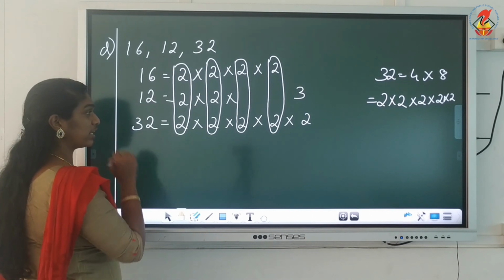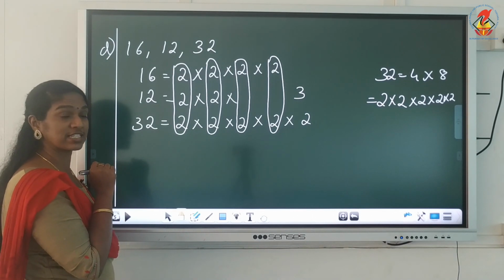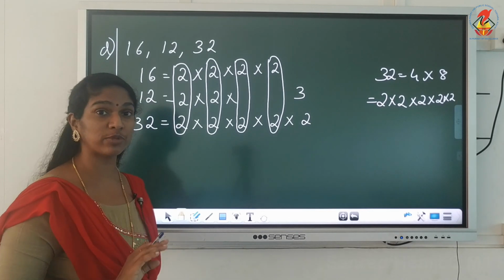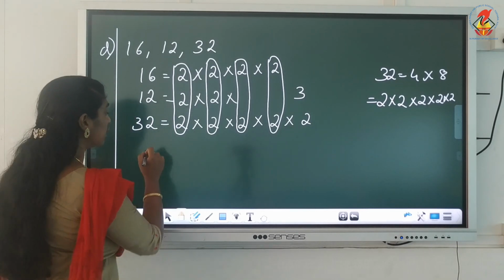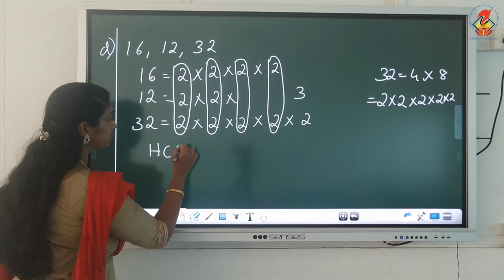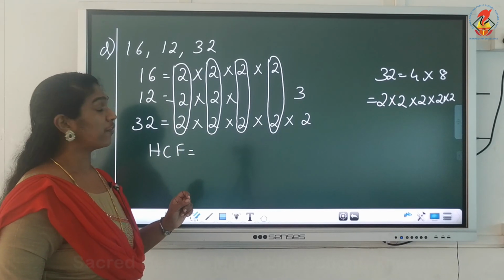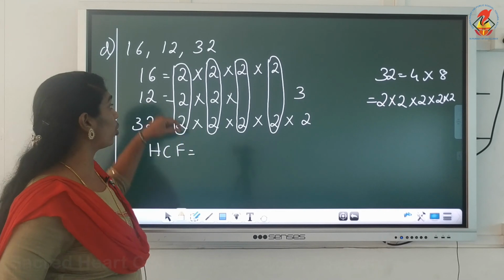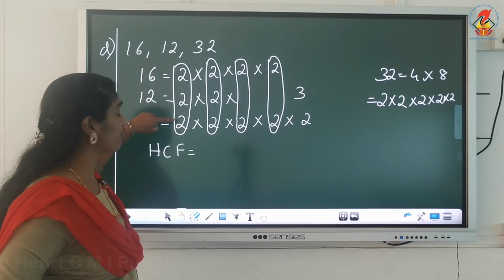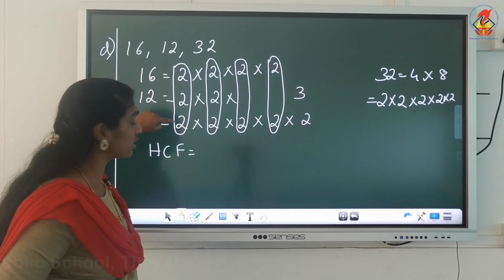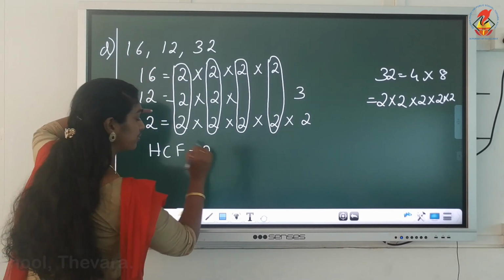Okay? But now, here you have to be careful when you're doing HCF and LCM. Previous questions I told you, for HCF you'll take only from the groups, right? But here, what you have to see is, here when you're having 3 numbers, you will take only from the group where that particular number is common for all the 3 numbers. See, this 2 is common for all the 3 numbers, so I can take from that.